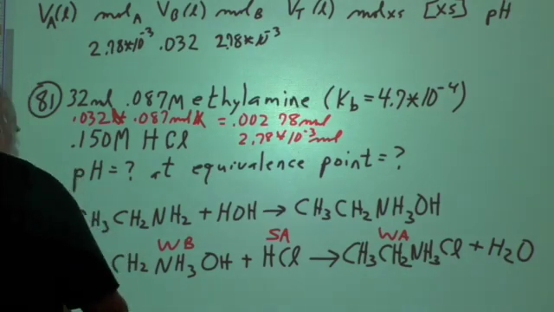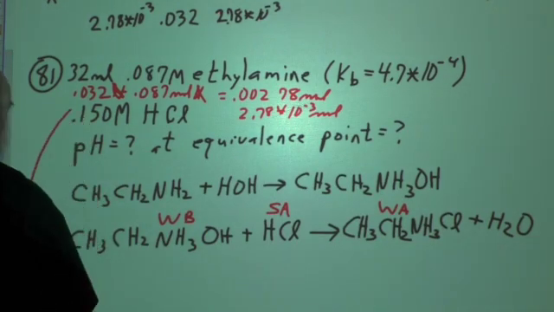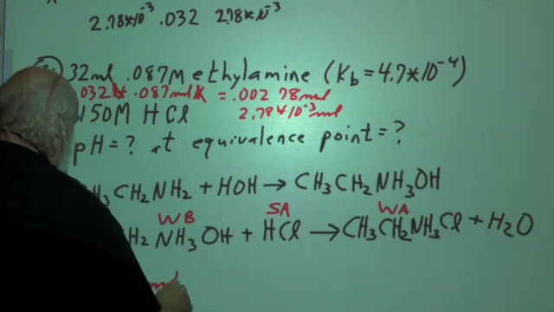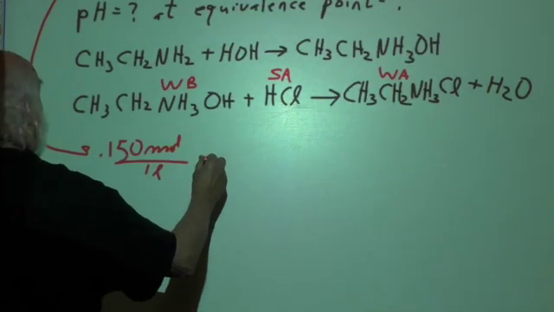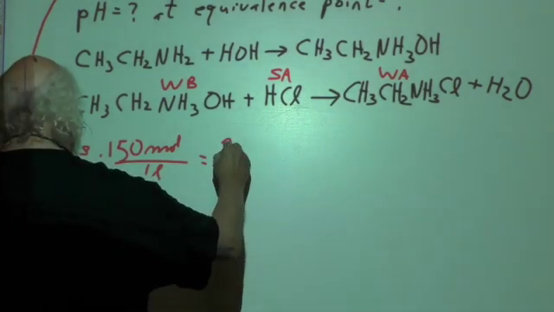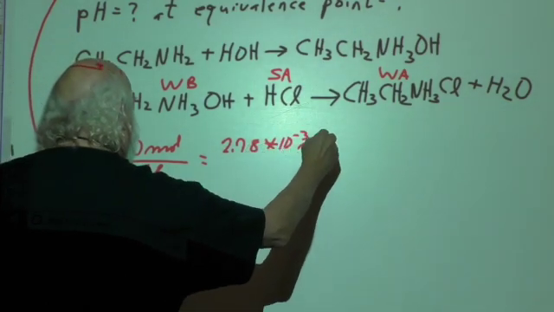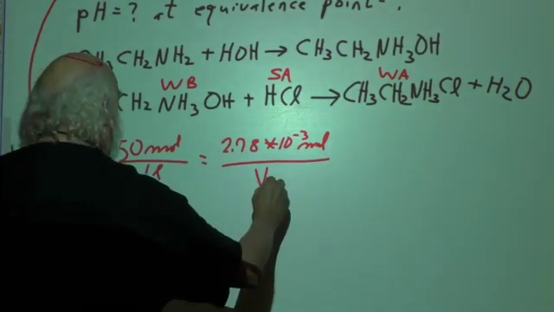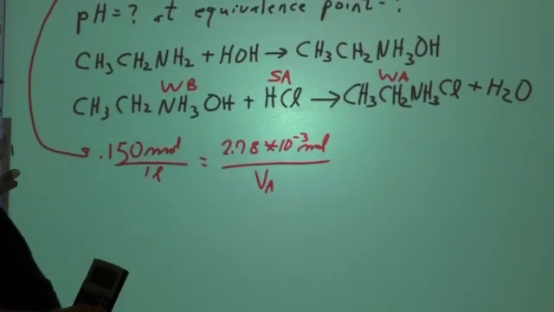So we're going to go down here and do that. 0.150 moles per 1 liter equals 2.78 times 10 to the negative 3 moles over the volume of the acid, because that's our HCl.